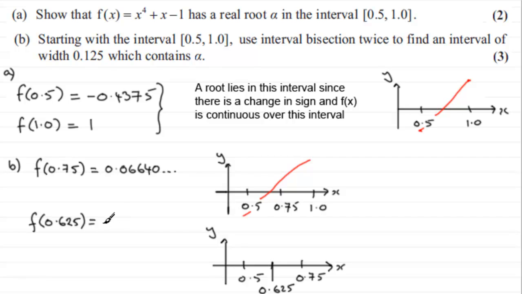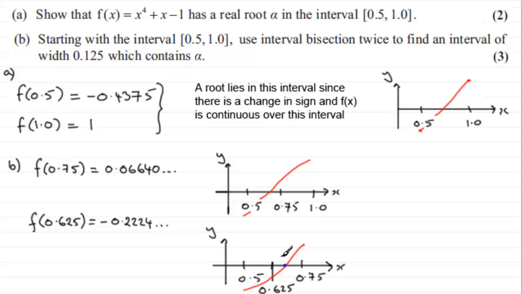Well, if you put that through your calculator, you end up with a negative value, minus 0.2224, and so on. So that means that we had a negative value at 0.5, we've still got a negative value at 0.625, but a positive value at 0.75. So the curve must be coming up something like this through here. So we've got our estimate of our root, that it lies in this interval here.